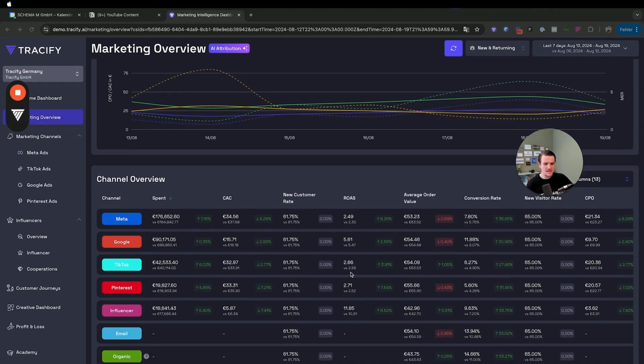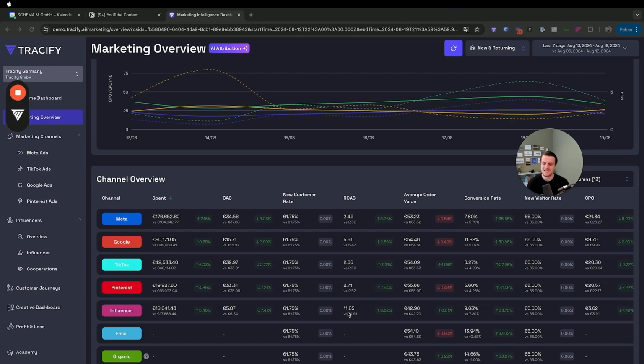And TikTok maybe has even more of a discovery function than Meta. So maybe we only need a ROAS of 2.2 on TikTok. Pinterest maybe same, and influencer marketing gets more and more expensive. Maybe that's why, and we cannot scale it properly. That's why we need a ROAS of, I don't know, 3 there, for example.